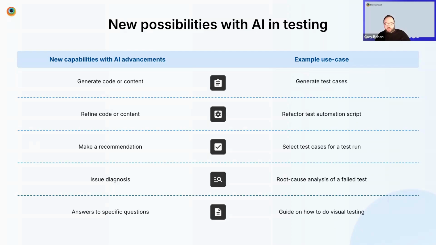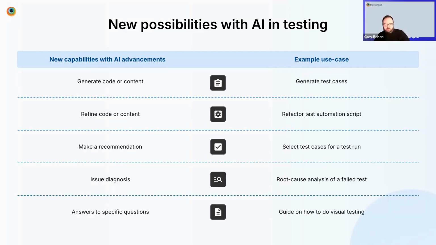If we want to refine our code, like refactor our code and make it more efficient or extract things out into methods or page objects, then we can do that by refactoring it in the best possible way. We might want to prioritize our test cases. So what do we consider to be a P1, a P2, a P3? We can have AI make recommendations based on previous runs, based on the data that's in the individual test cases, and based on things like Jira tickets.